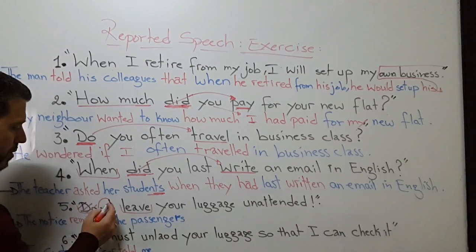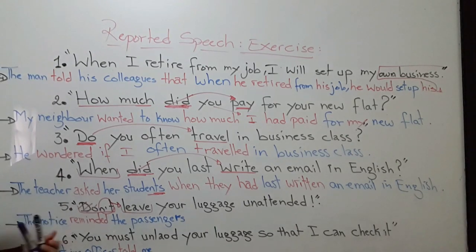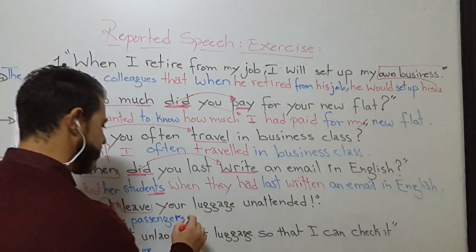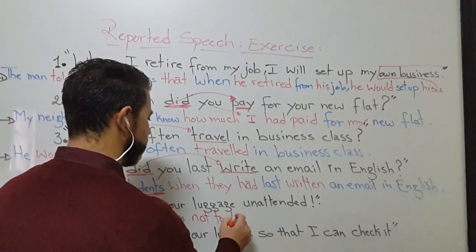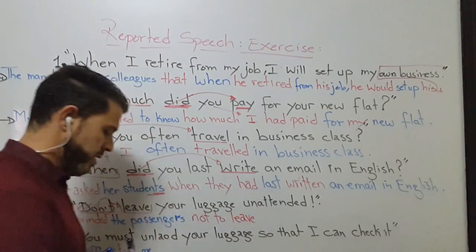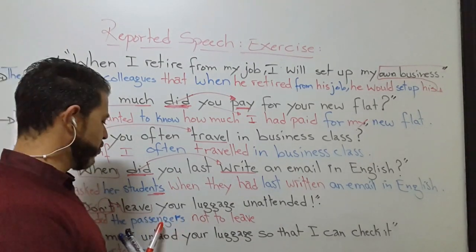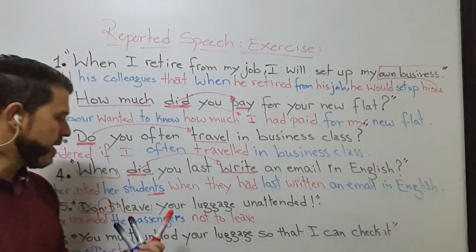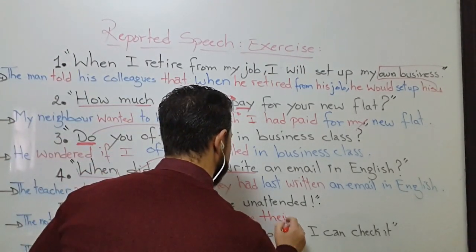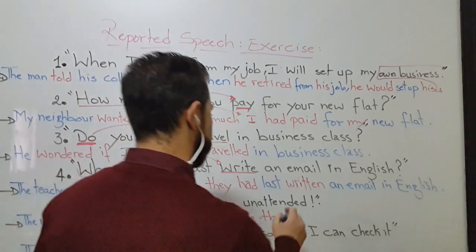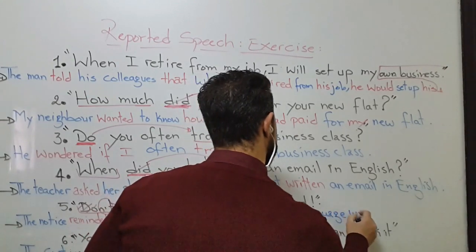We delete do but we take the negation and attach it to the verb leave and apply our rule. The notice reminded the passengers not to. We have the verb, not to leave. Then the notice reminded the passengers not to leave. And your luggage, passengers are plural, so your becomes their.